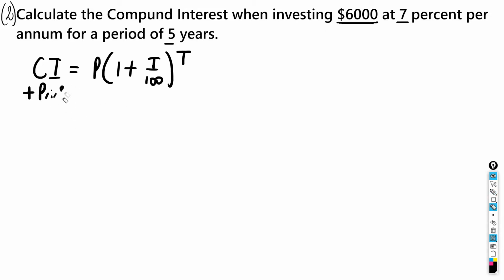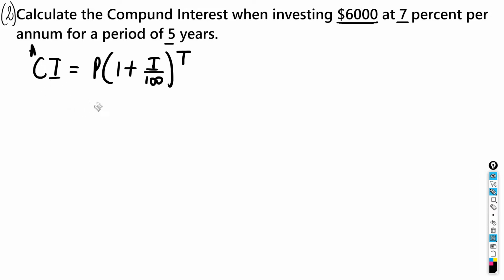We're going to use the same formula we used earlier: the principal times 1 plus I over 100, to the power T. But I'm going to put a little A here, ACI, and the A means it's the accrued interest.